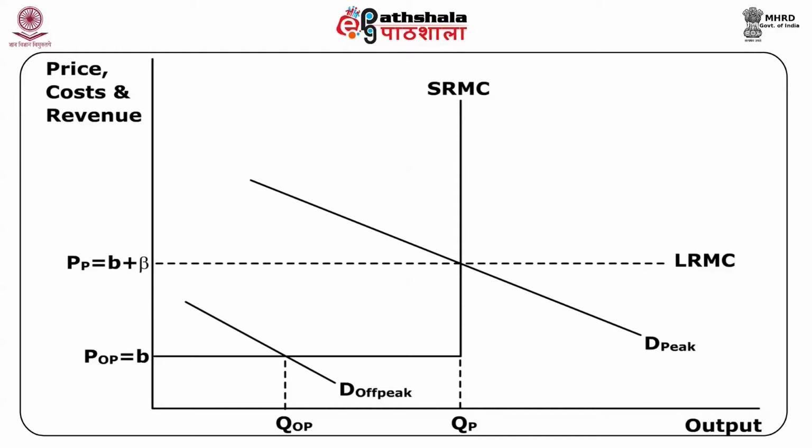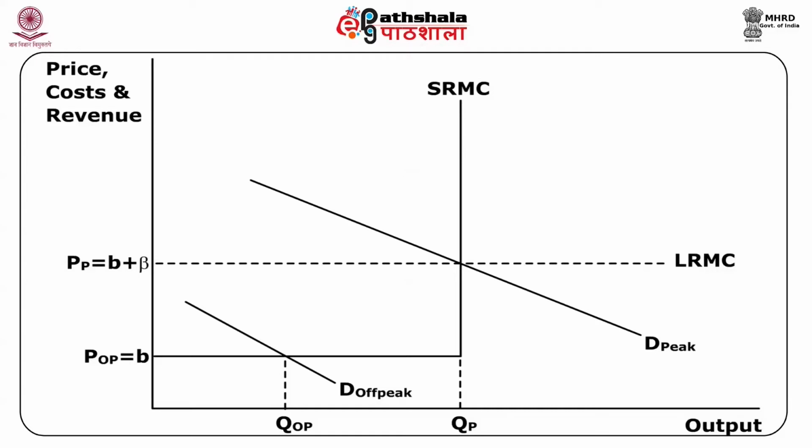The off-peak period price is POP equal to B as no additional capacity is required. Faced with these prices, the peak period users would purchase output level QP and QOP is the off-peak period output.